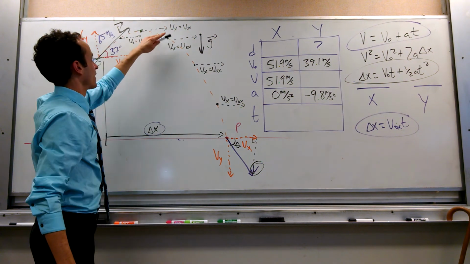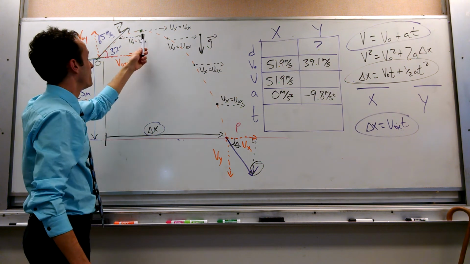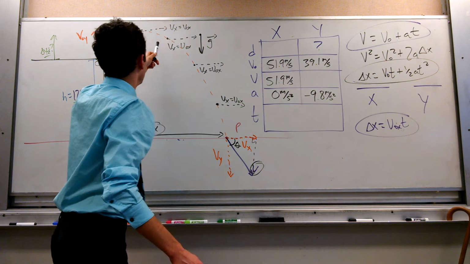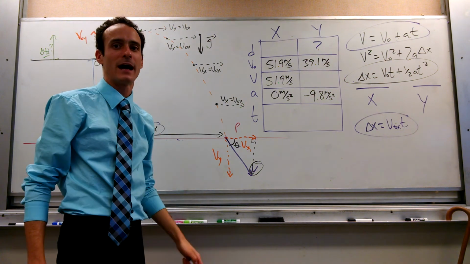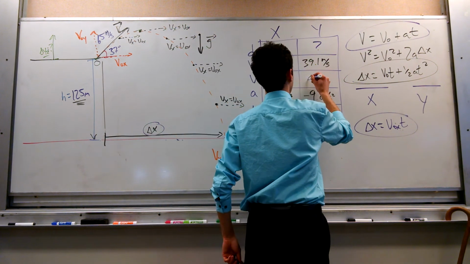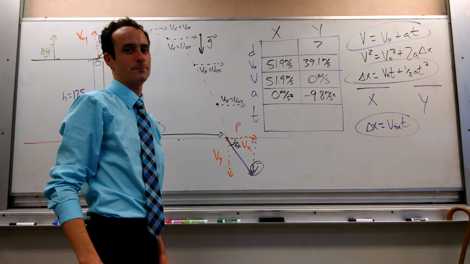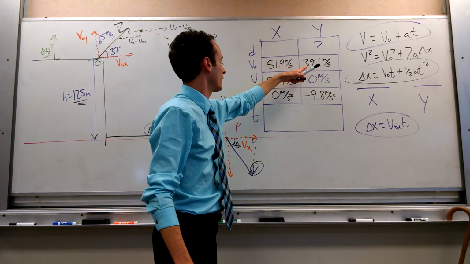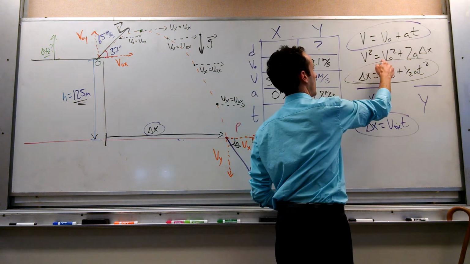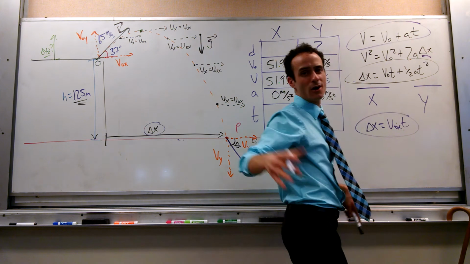Now, it does have a velocity in the horizontal direction at the peak, but that's what makes breaking these things into components so useful. The vertical component of the velocity is 0 meters per second, and now I can solve for this. I know my initial velocity, my final velocity, and my acceleration, and I'm looking for delta y. Awesome!